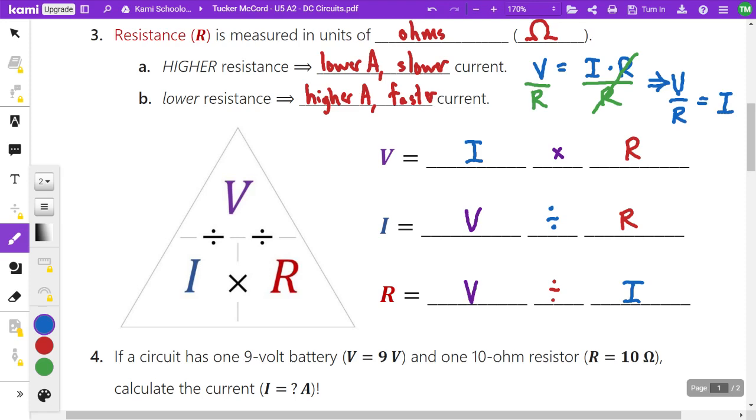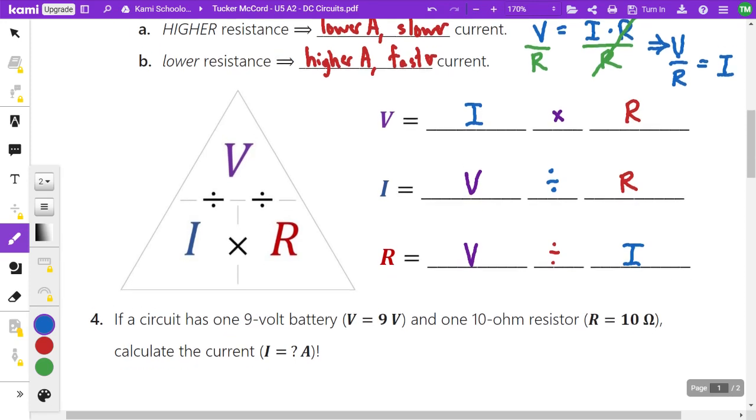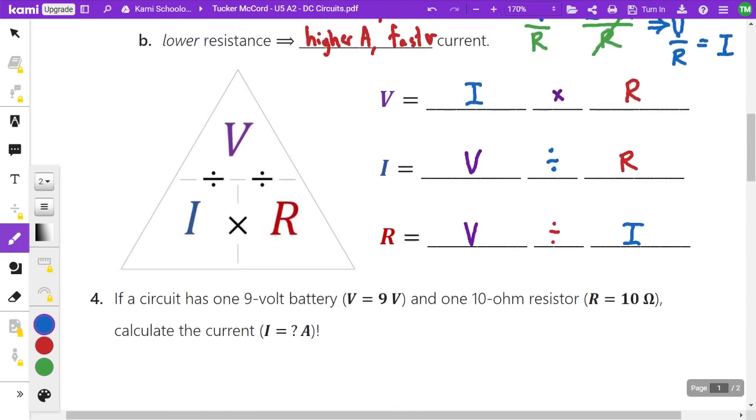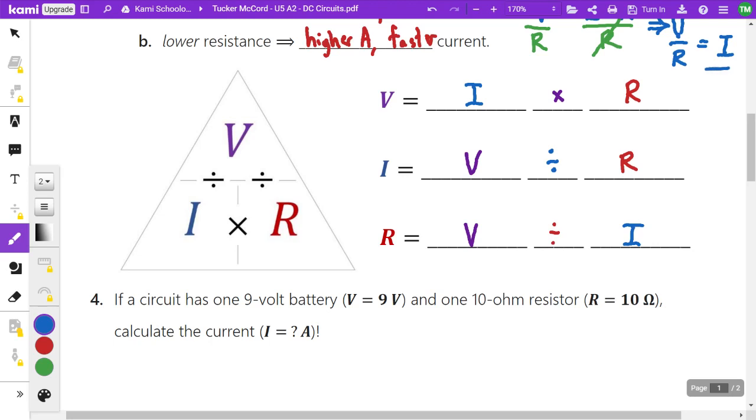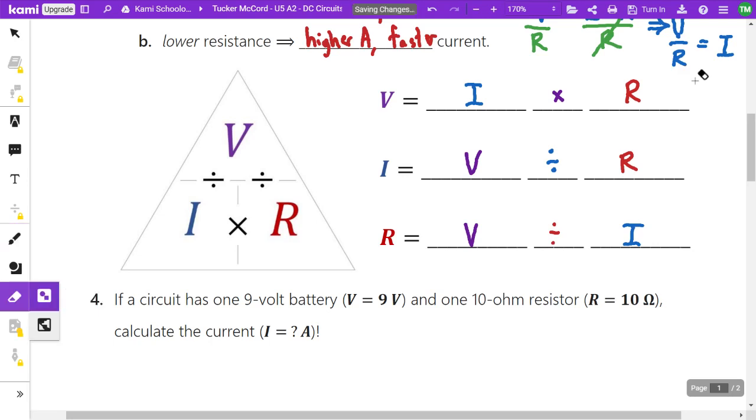So let's do an example. Let's look at number 4. If a circuit has one 9-volt battery, 9 volts, and one 10-ohm resistor, 10 ohms, calculate the current, I, in terms of amps. So we have two of those missing things. We need the third. So I want to use this equation right here, that current is equal to the voltage divided by the resistance.